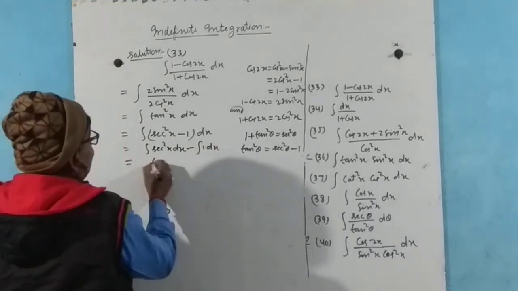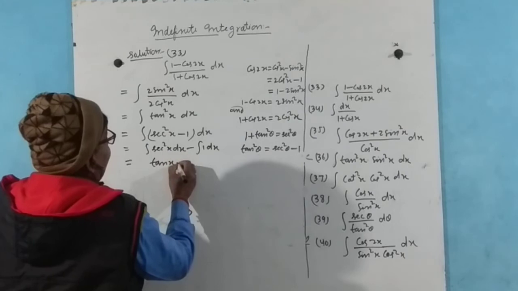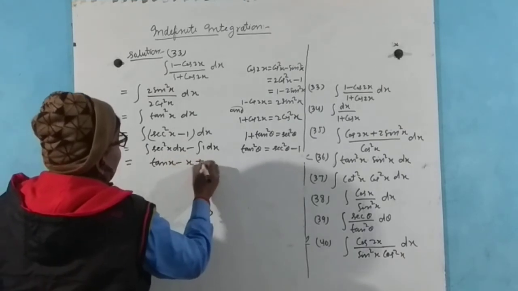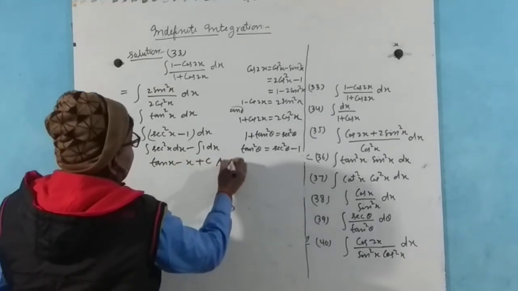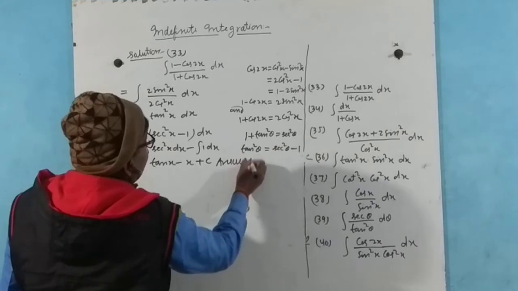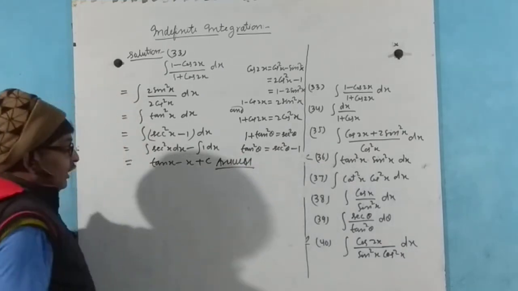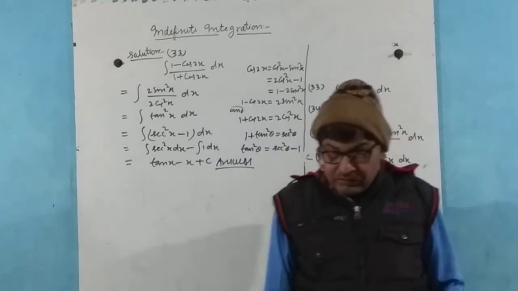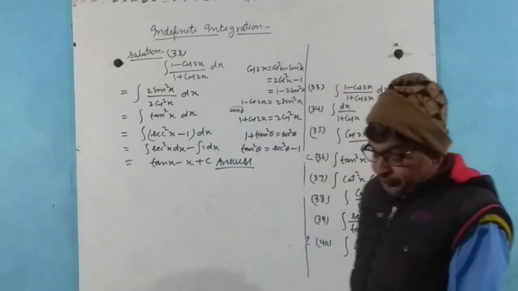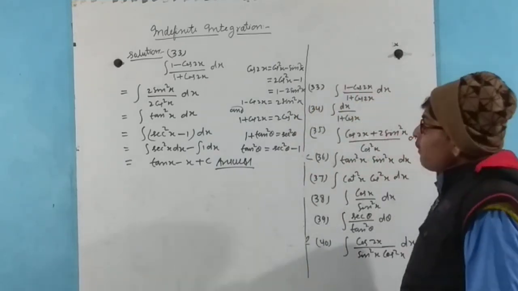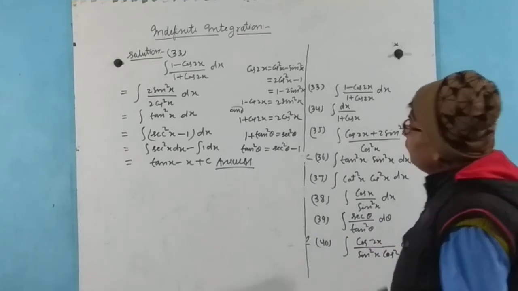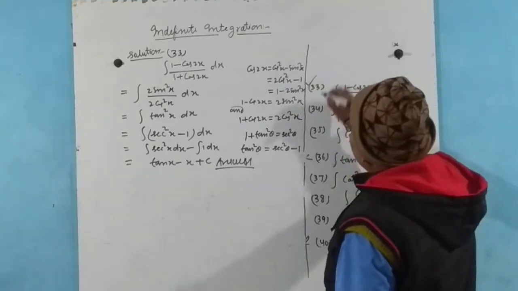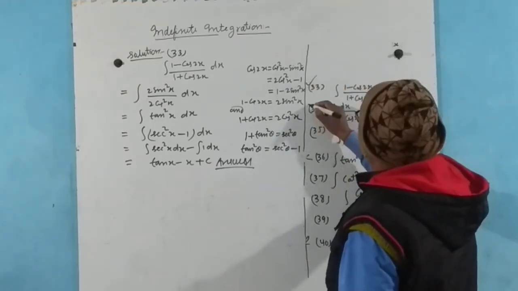This is equal to tan x minus x plus c. This is the answer here. Now we take another example, 34.